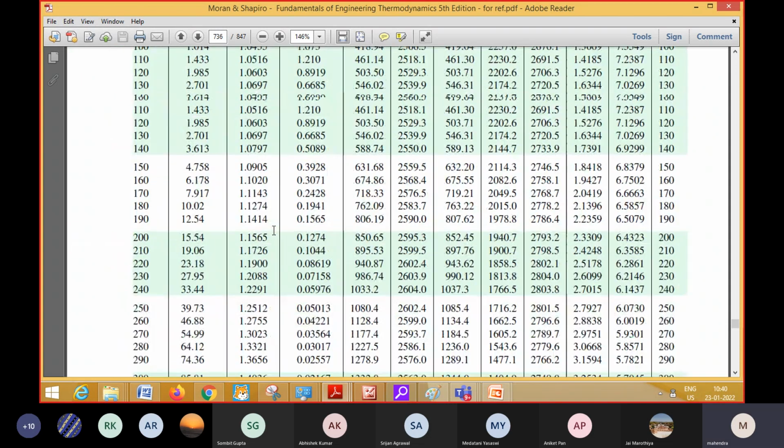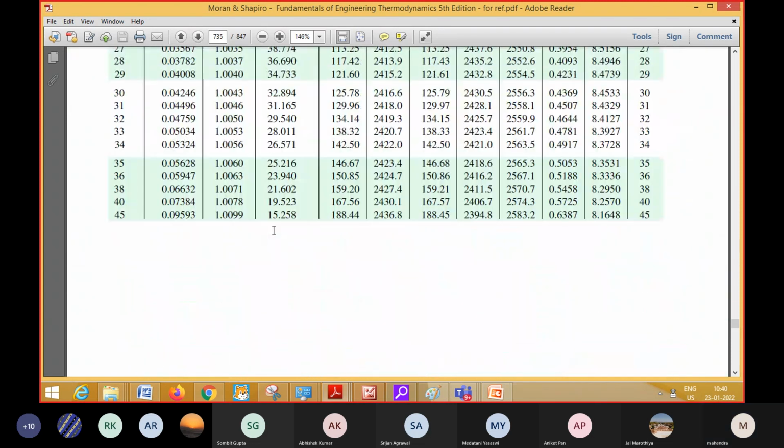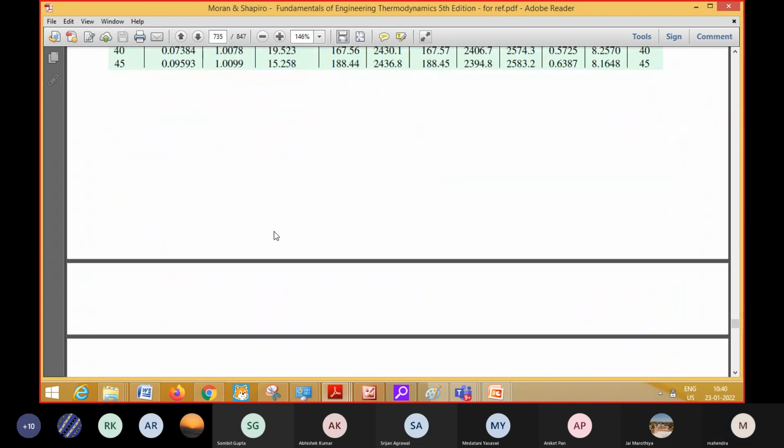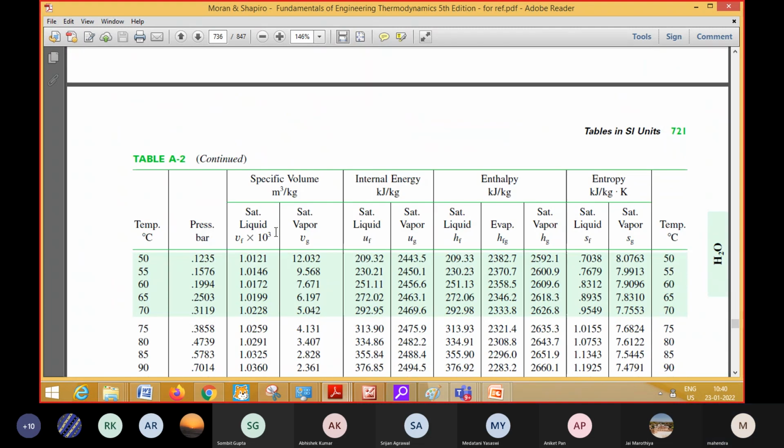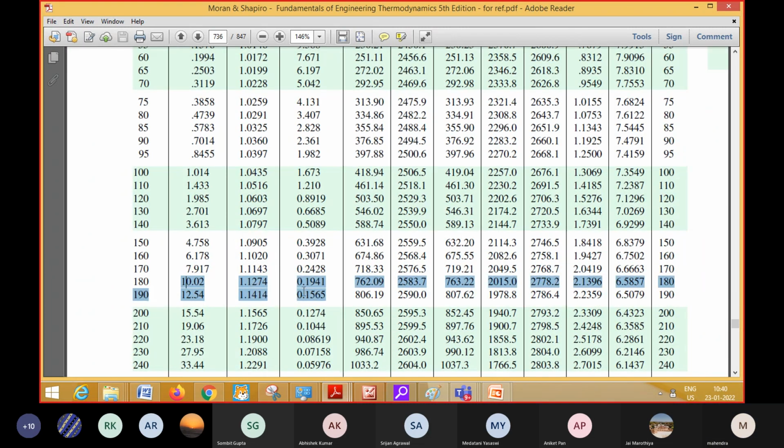Or in table number 2, it is very easy because here this is 10, this is 12.54. At 10 you have 0.1941. At 12.54 it is 0.1565.